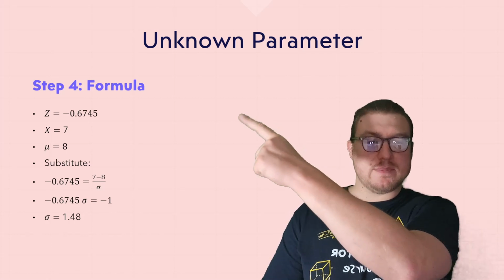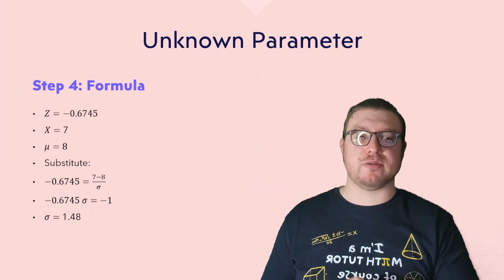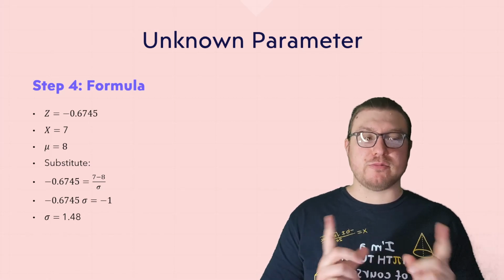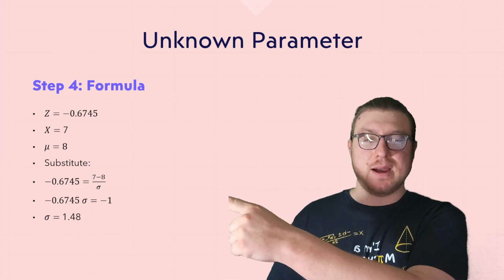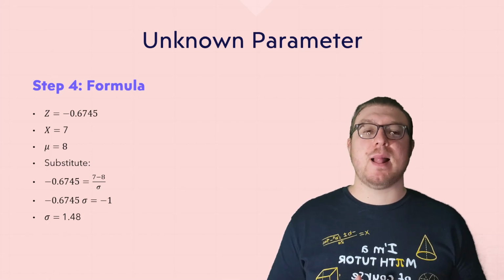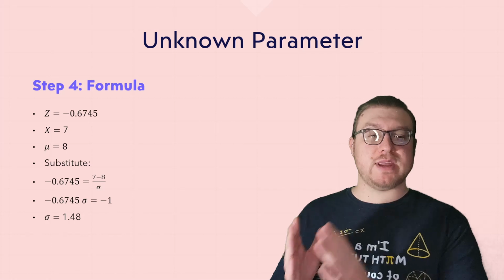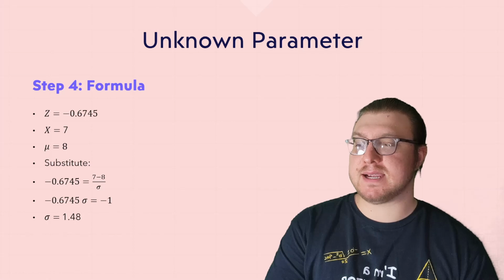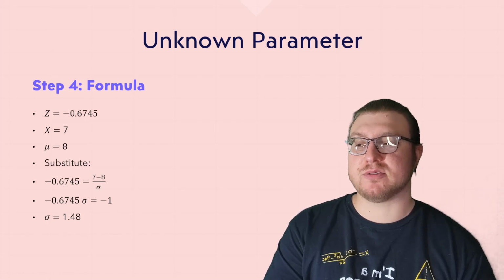Now, write all of your numbers down. Substitute them into the formula, and now we need to do one tiny little bit of algebra where we rearrange this equation for sigma. And if you've done this a couple of times, it's always the same step. So we're going to move sigma to the other side by multiplying. So we're going to multiply by sigma, which moves sigma to this side.